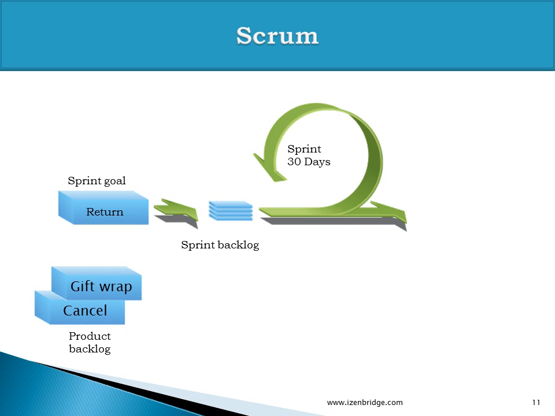We had a requirement, we had 30 days of bandwidth or resource time available to us, and then the team takes the items out of the product backlog and details them out, breaks them into engineering tasks, and records those engineering tasks in an artifact called the sprint backlog. And after that they start developing it. At the end of that 30 days or sprint cycle, they deliver a potentially shippable product or a potentially shippable increment.